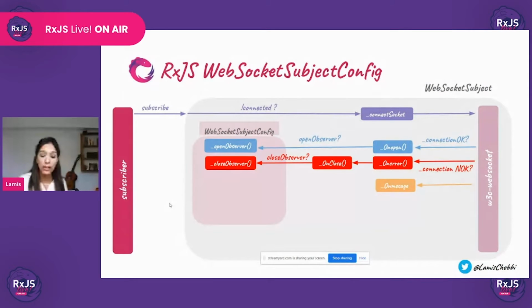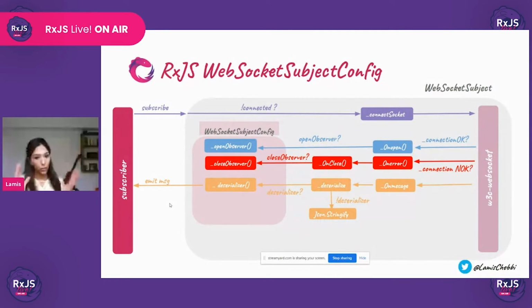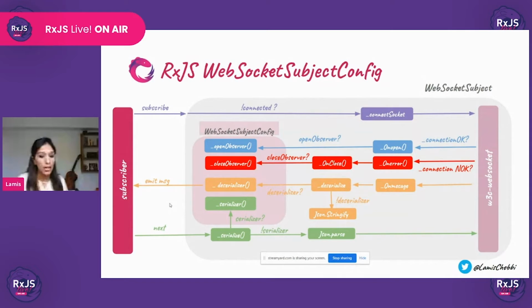Now, when a message is coming, the deserialization unit will be called. If there is a custom behavior, then it will be triggered. If not, the JSON.stringify will be called by default. And the other way around, when you're sending a message, the serialization unit will be called. If you have provided a custom behavior in your serializer function, then it will be triggered.